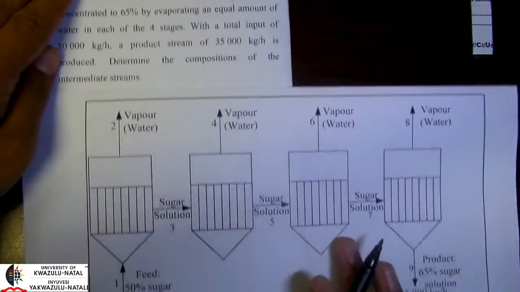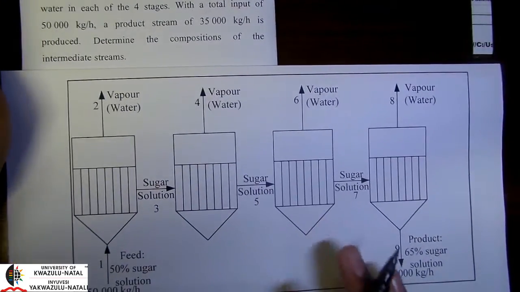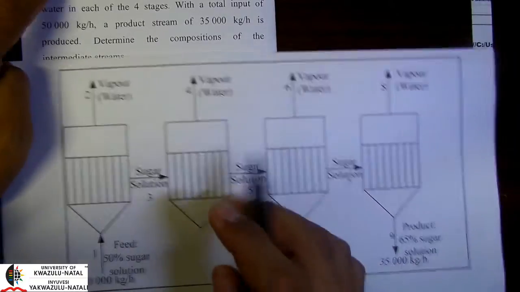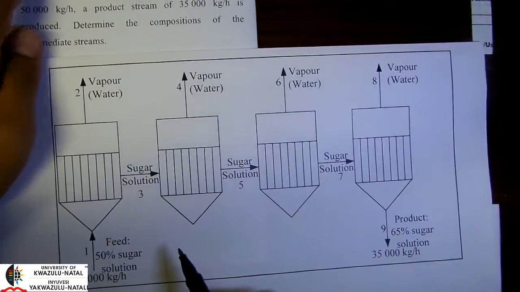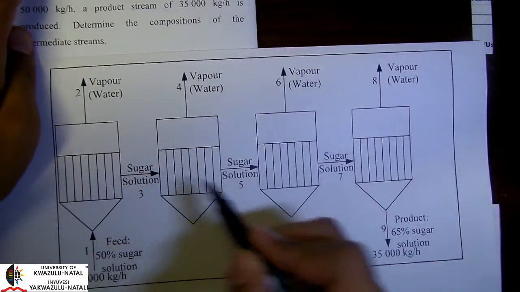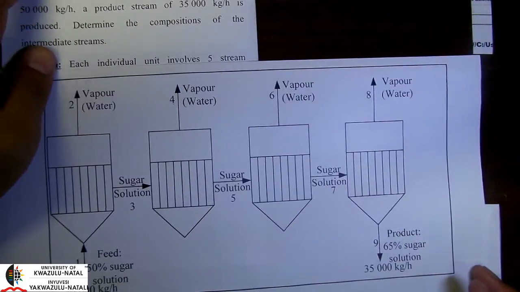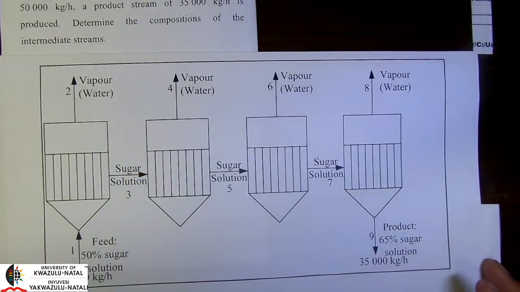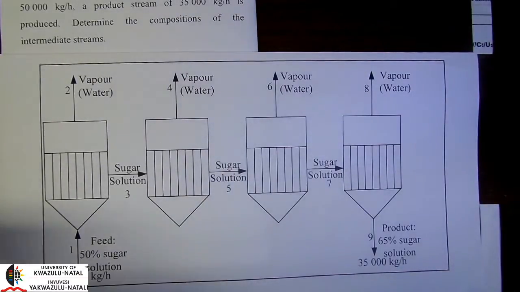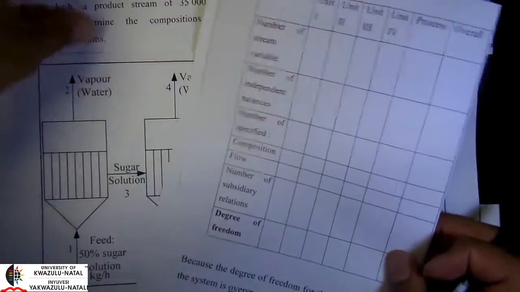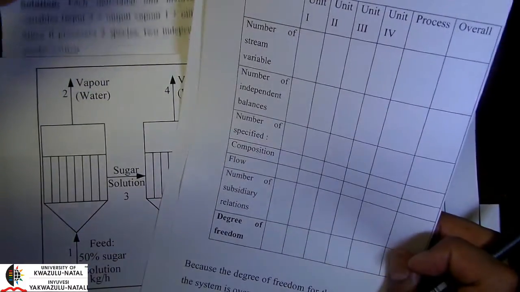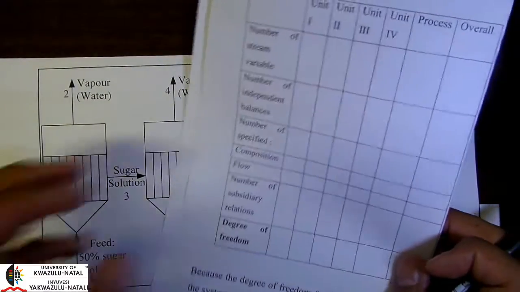And they would like to know if you can determine the compositions of the intermediate streams, in other words, the compositions of stream 3, 5, and 7. So let's look at the degree of freedom analysis for this particular example.